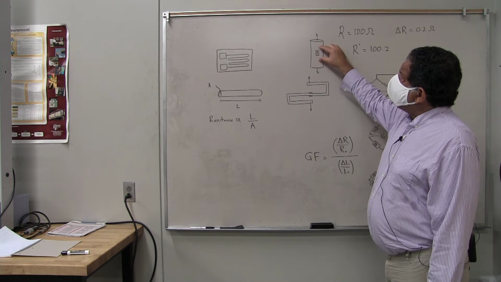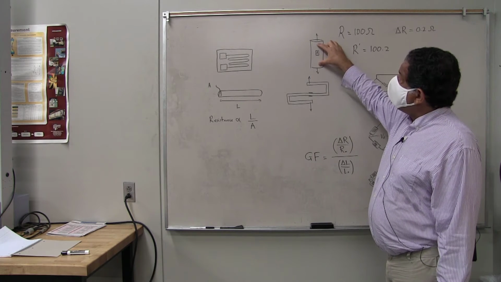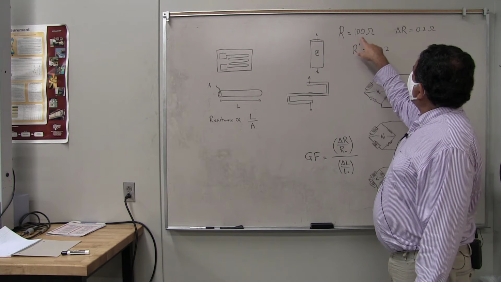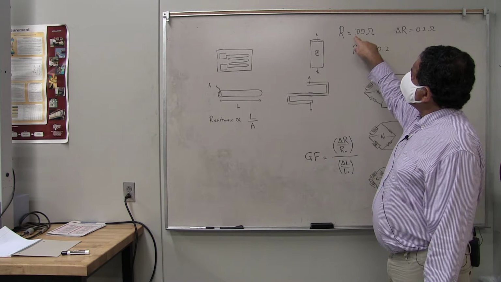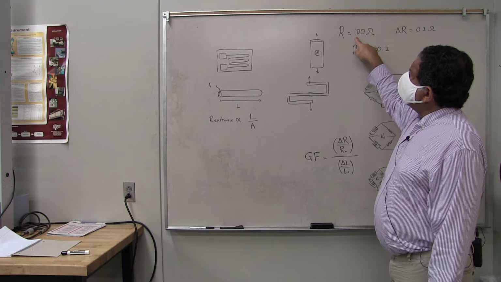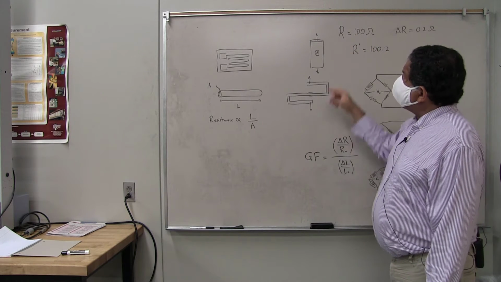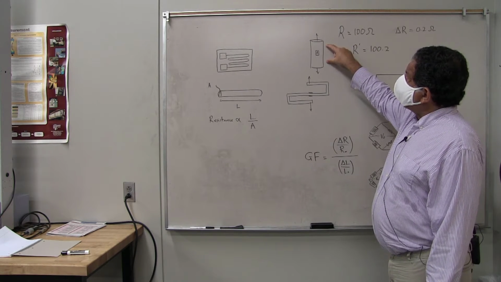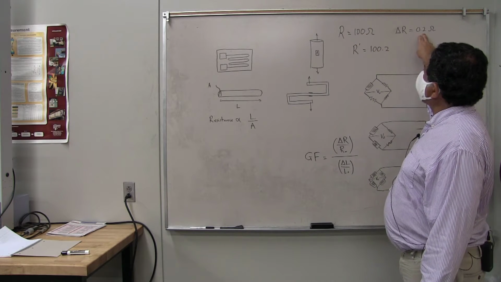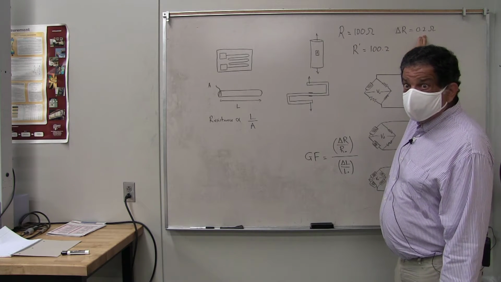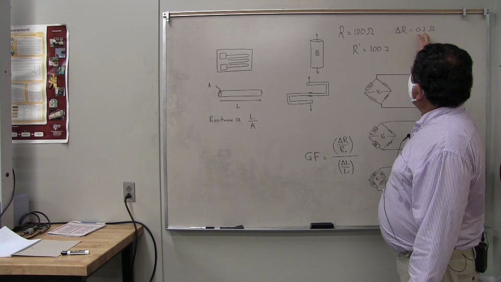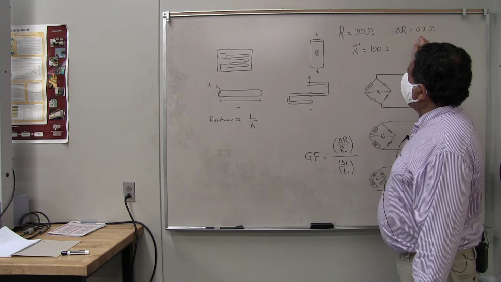And if I have a 0.1% strain, and this is in tension, then if my original resistance was 100 ohms, and my gauge factor is 2, then my change in resistance is going to be 0.2 ohms, right? Gauge factor of 2 times 0.1 percent strain times 100 ohms.